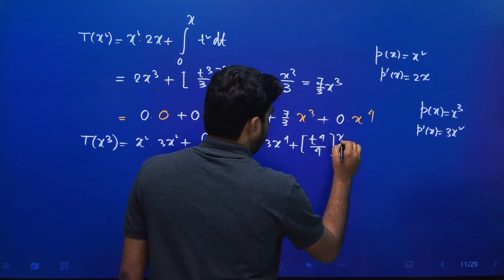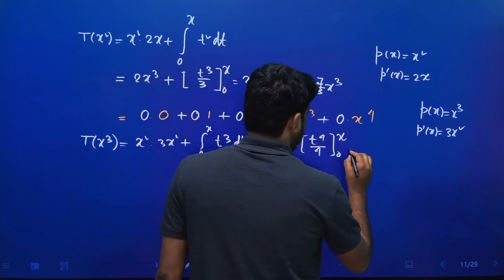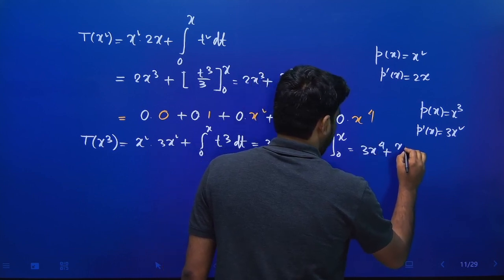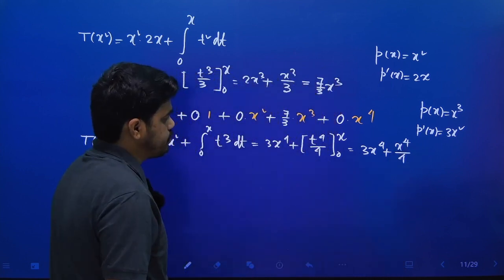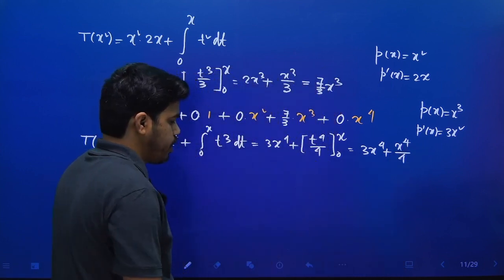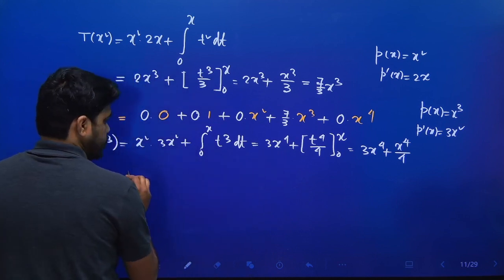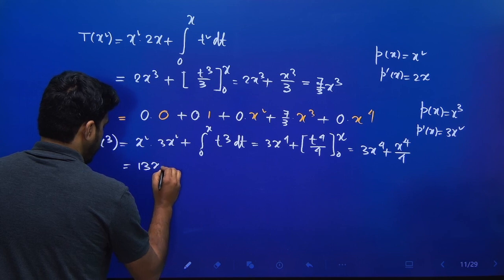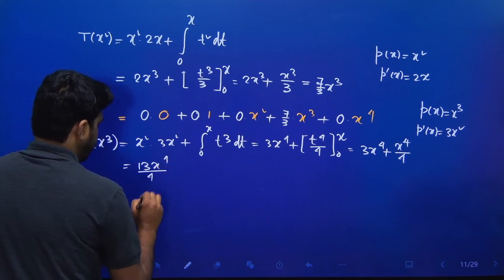Lower limit is 0, upper limit is x. So this equals 3x to the power 4 plus x to the power 4/4, that is 13x to the power 4/4. So this equals 13x to the power 4 divided by 4.